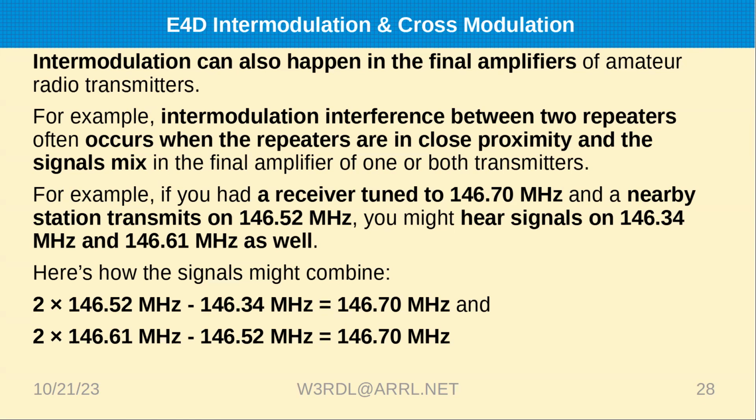So you're hearing that product. Then they took 2 times the 146.61, which they said you might also hear, and subtracted the 146.52, and showed that it was also at 146.7. Of course, they never explained how they came up with those 2 numbers. So you do hear both of those.